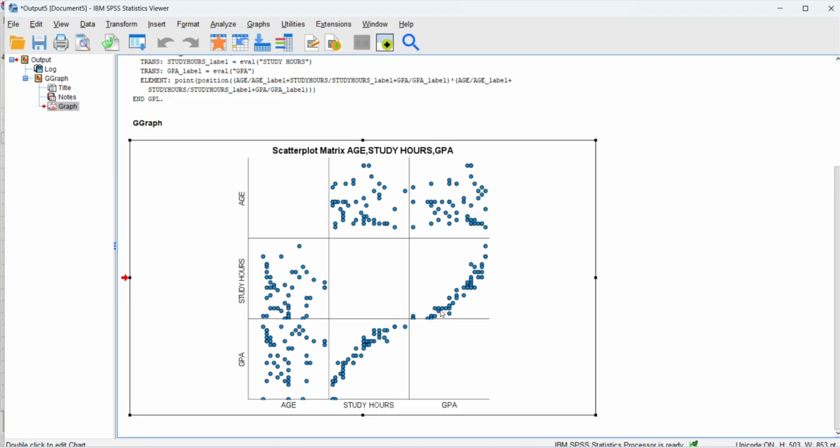So you can say that the relationship is a moderate or a fairly moderate positive relationship, because the difference in the clusterings as you move up is not prominently different from the clusterings below here. That is how you interpret your scatterplot matrix.